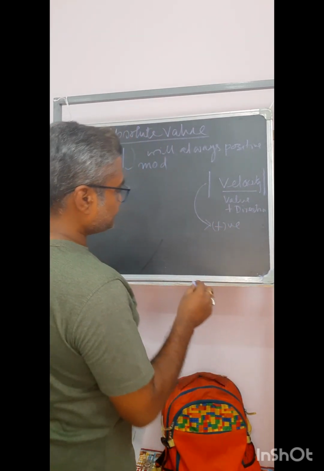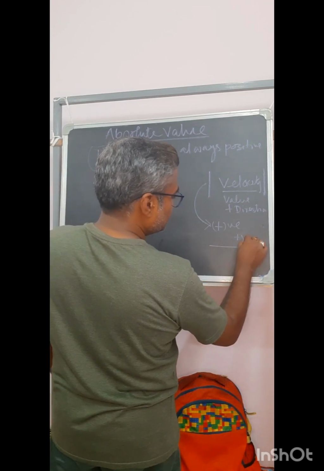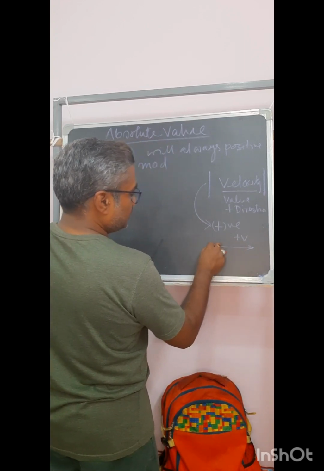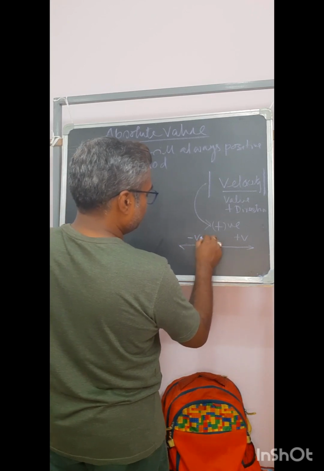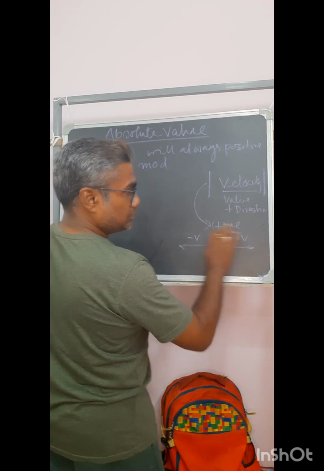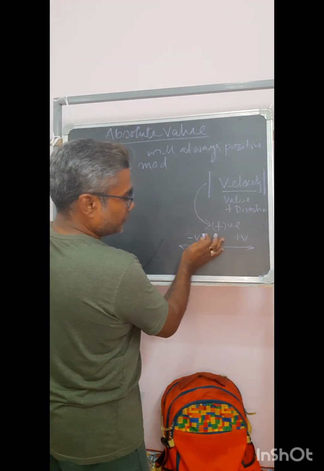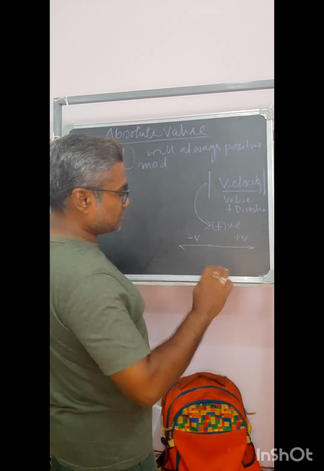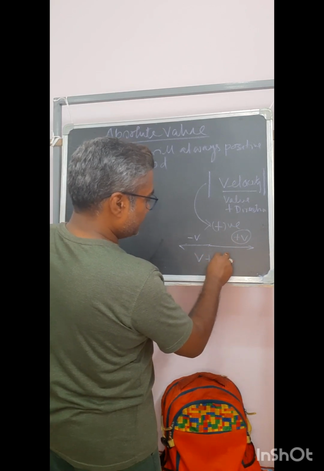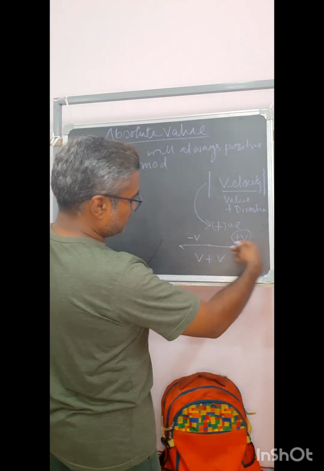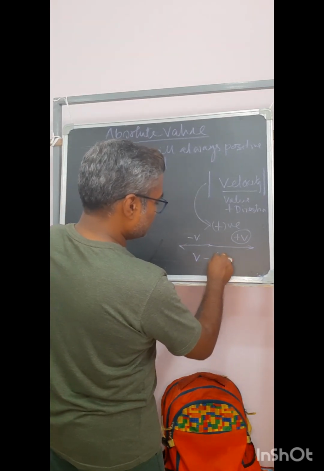Okay, so if I say some vehicle is moving this side with a positive velocity v, and at the same time another vehicle is moving in this direction with a negative velocity v, then the absolute value of those vehicles relative to each other, if I take this as a reference, would be v plus v, isn't it? Because this can be understood as v minus of minus v.